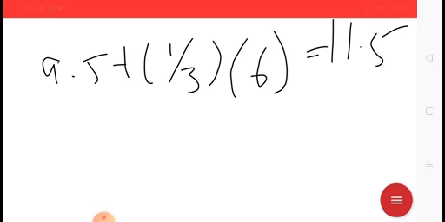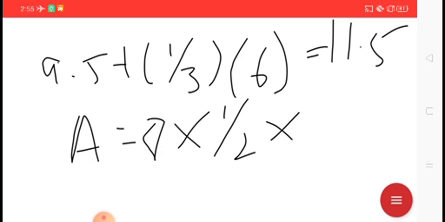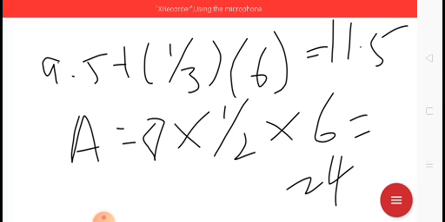So the area of the triangle, very simple, right? Area of triangle will be 8 times 1 over 2 times 9.5 times 6, so 24. Okay, and next question is ask you to state the horizontal distance of center of mass of rectangular portion from BC.